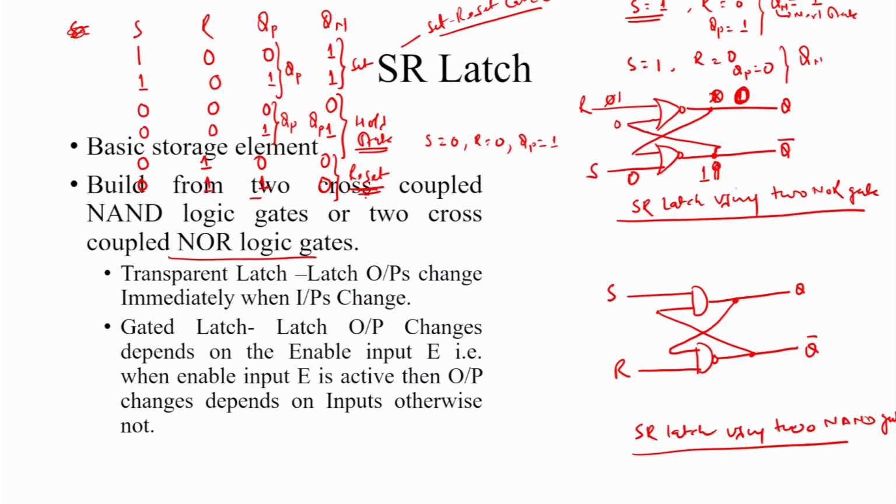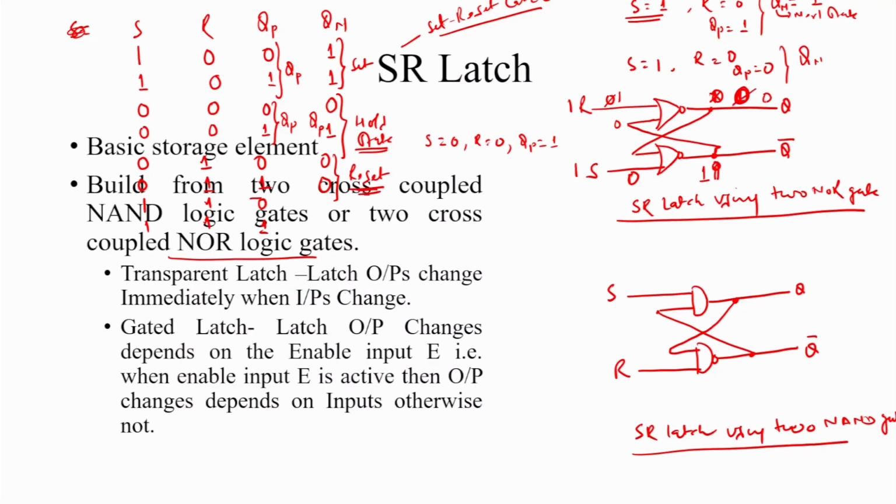Now the question is what happens when both values are 1 1, whatever the previous state, 0 or 1. When both inputs are 1, we know that in a NOR gate, when any input is 1, the output is 0. So both outputs are 0.